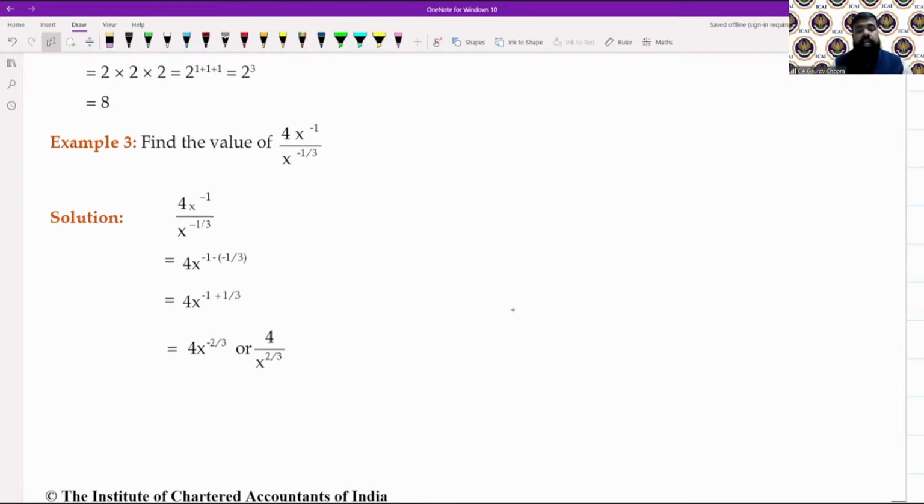Now this one. Example number 3. Find out the value of 4 multiplied by x to the power of -1 and then divided by x to the power of -1 by 3. So here we are having 4. X is having the power, and in denominator also x is having the power.